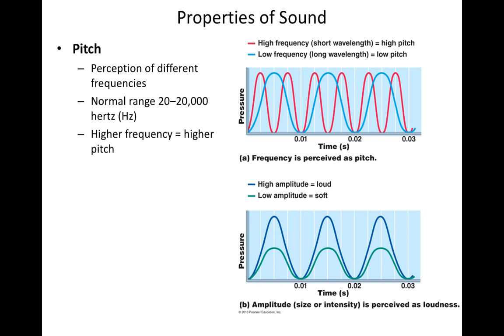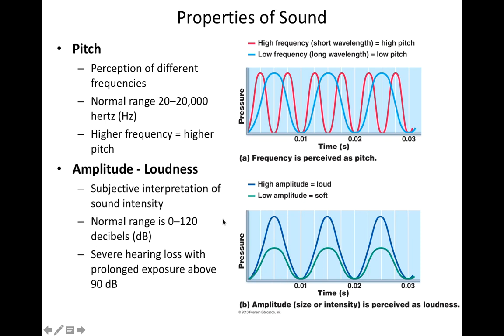The other property is going to be the amplitude, or the intensity, or the loudness of the sound. Here's what we're measuring in decibels, and this has to do with the amplitude or the height of the wave. The higher the wave, the louder the sound.